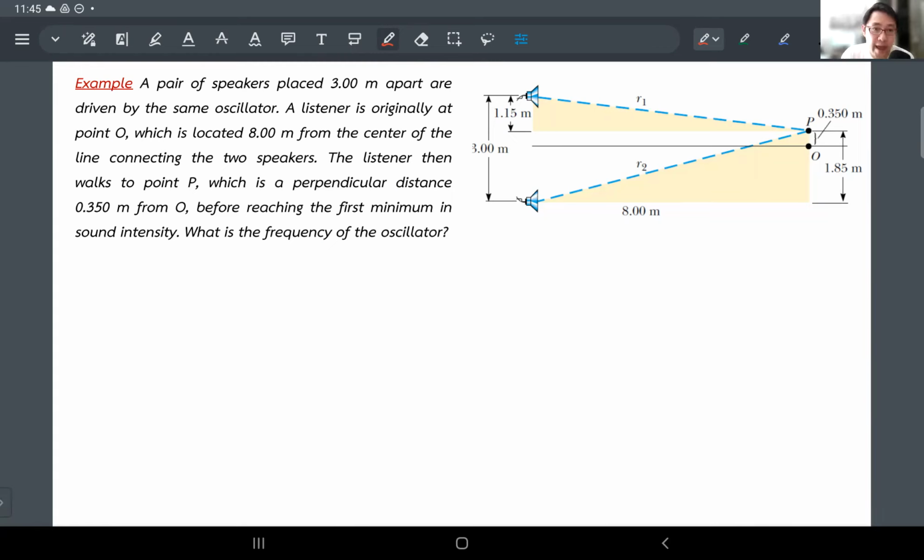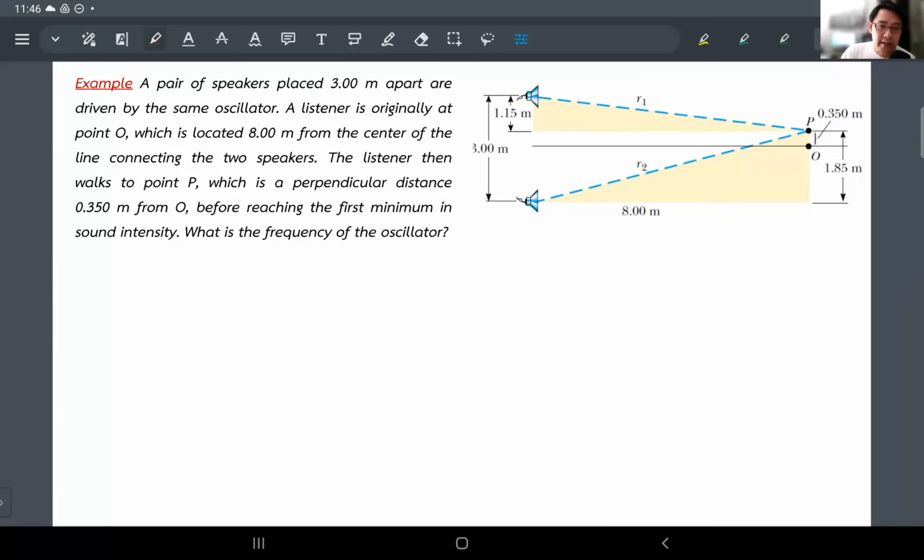All right, now you have a pair of speakers placed 3 meters apart. This one is just the interference in terms of the path, and they are driven by the same oscillator, so they pretty much emit the same type of sound. A listener is originally at point O, located right at the midline between the two speakers.